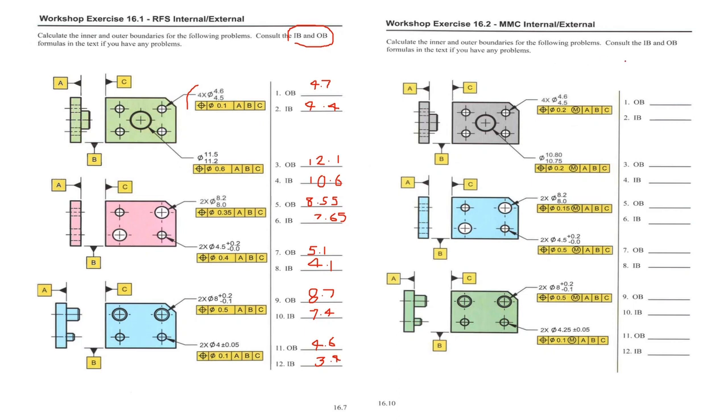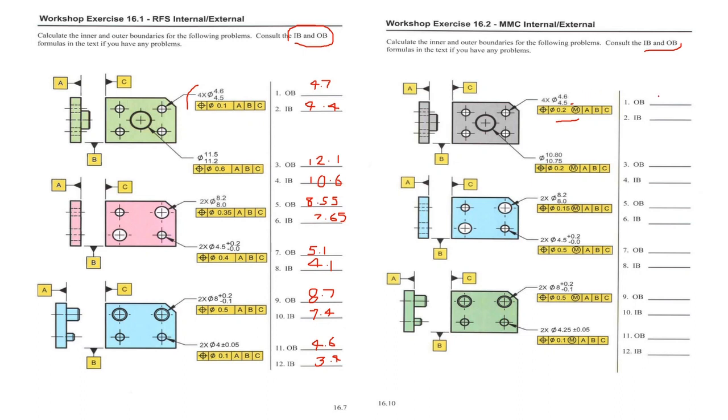And then here to find out the IB and OB, the condition is MMC, maximum material condition, here with the tolerance, and to find out the inner and outer boundaries. For the first case, it's MMC with 0.2. For the hole, at 4.5 it's 0.2, and at 4.6 it's 0.3.